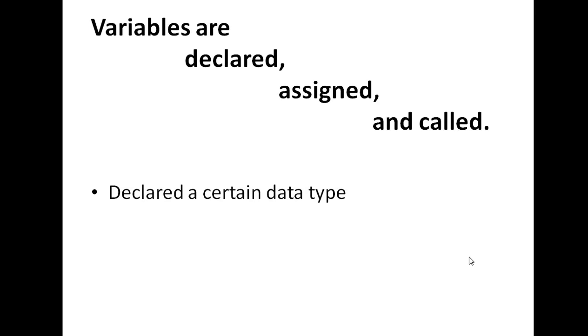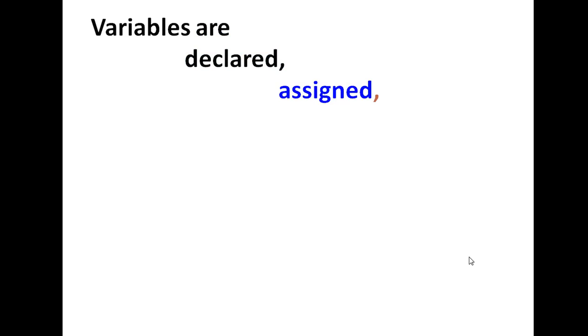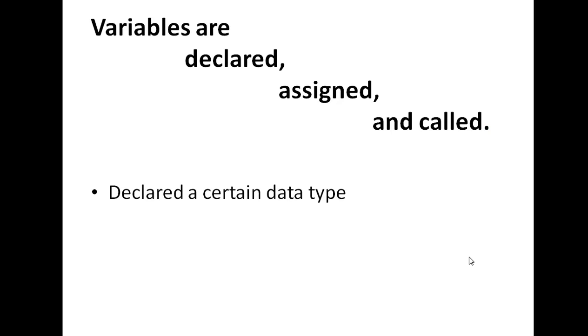Now, back to variables. Variables are declared, they are assigned, and they are called. We're going to get really familiar with this, so tonight we're just touching base with it really quickly. First of all, variables are declared as a certain data type. So it's going to be declared either to be an int, a double, or a string.